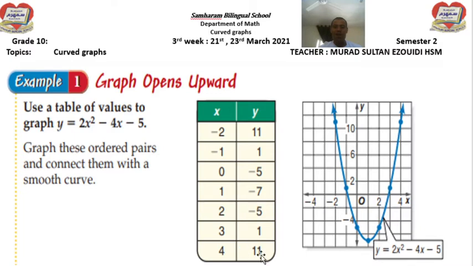You are asked to find the value of y when x equals minus 2, the value of y when x equals minus 1 using the quadratic equation, the value of y when x equals 0, which means the y-intercept, then the value of y when x equals 1, and then for x equals 2, 3 and 4.